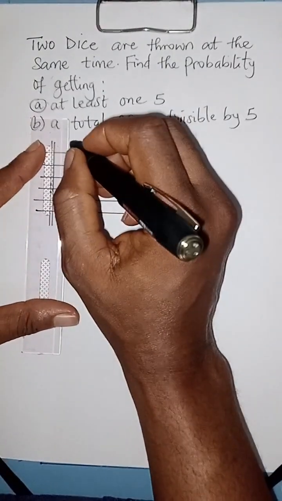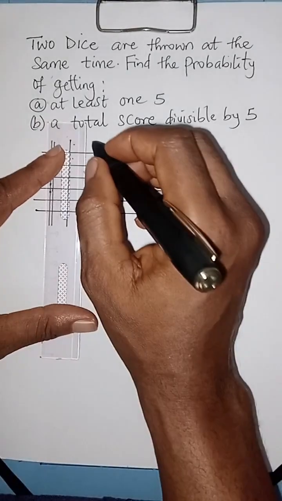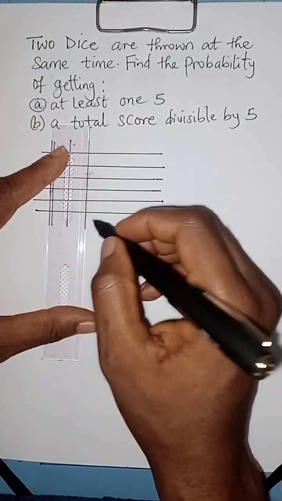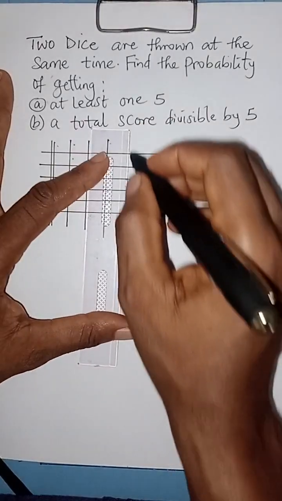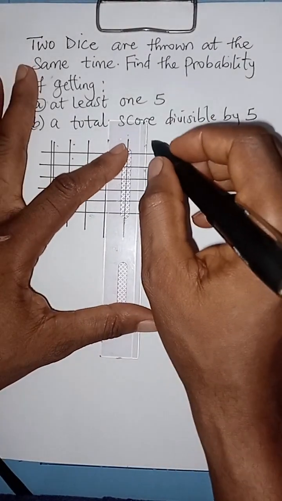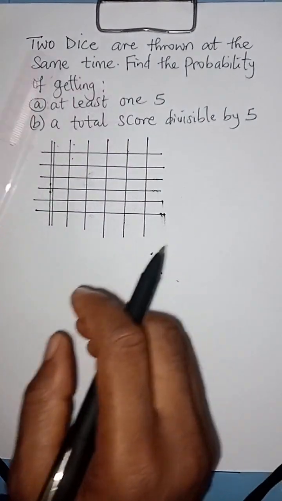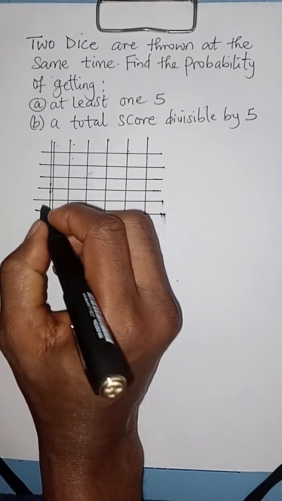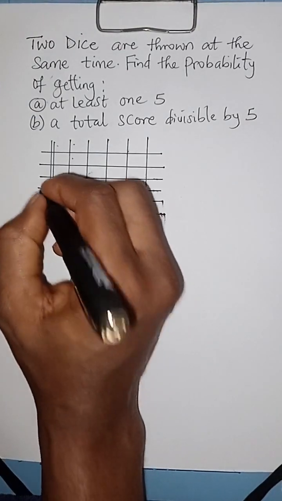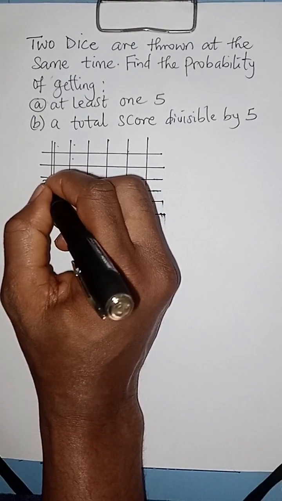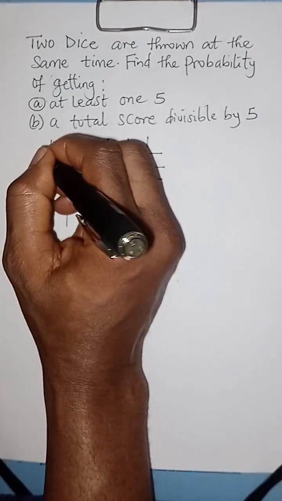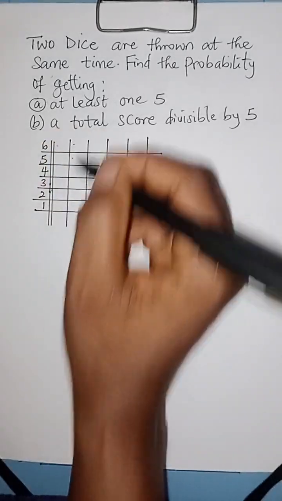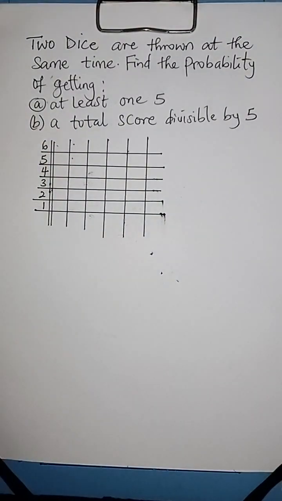So the columns will be 6: 1, 2, 3, 4, 5, 6. So let's go. This is 1, 2, 3, 4, 5, 6.